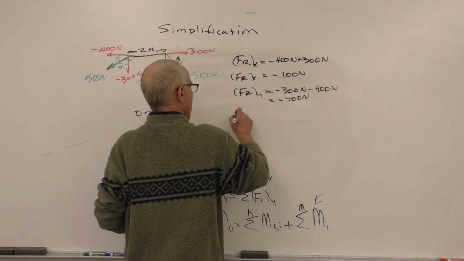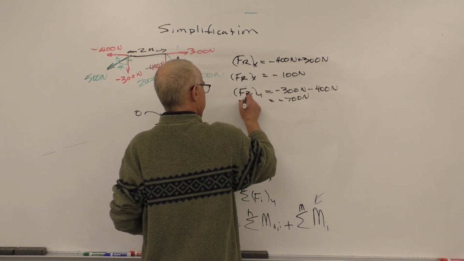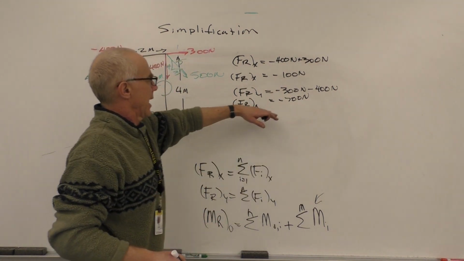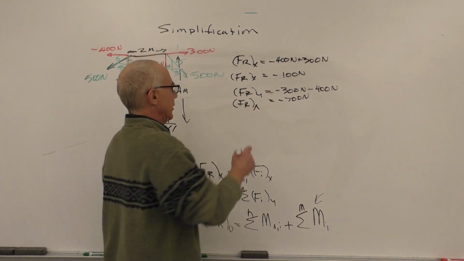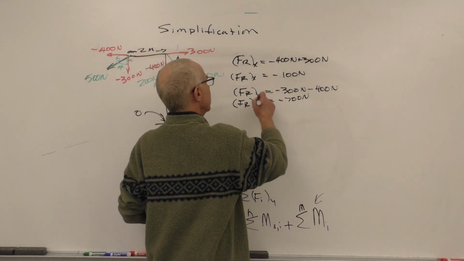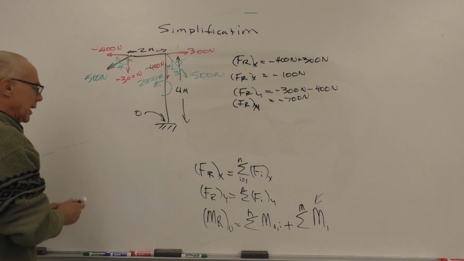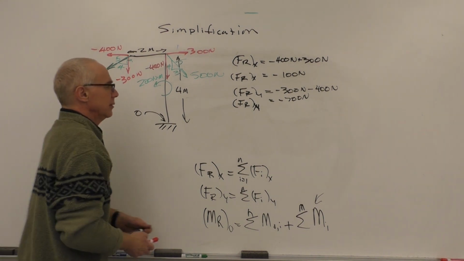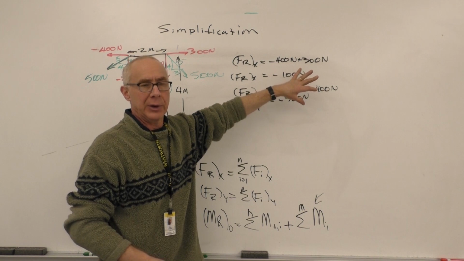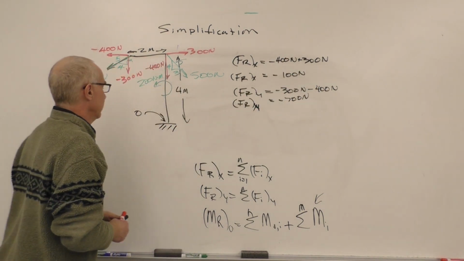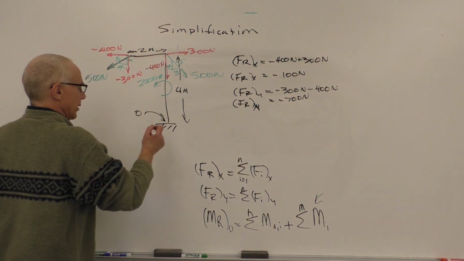And now we're going to do the moments. So we have actually the vector. I could write the vector. Let's do that while we're here. Negative 700 in the y direction, negative 100 in the x direction. And we could find the magnitude by Pythagorean, 49 square root of something, big number. Anyways, we're not going to do that.